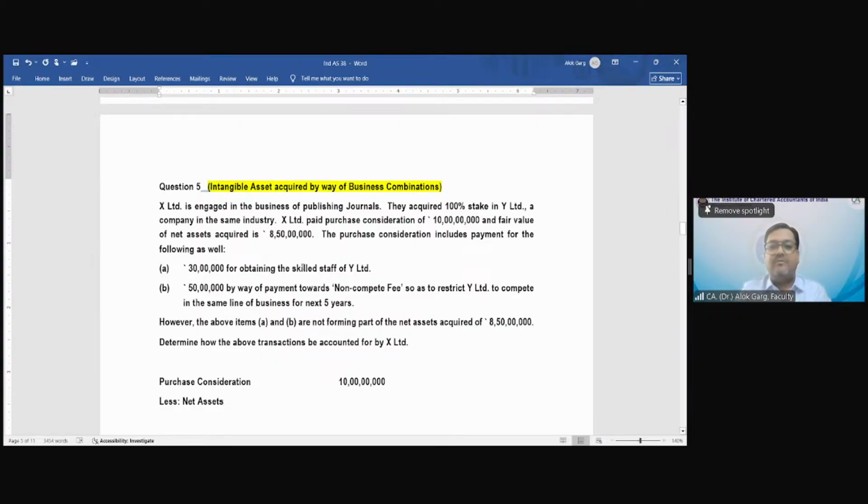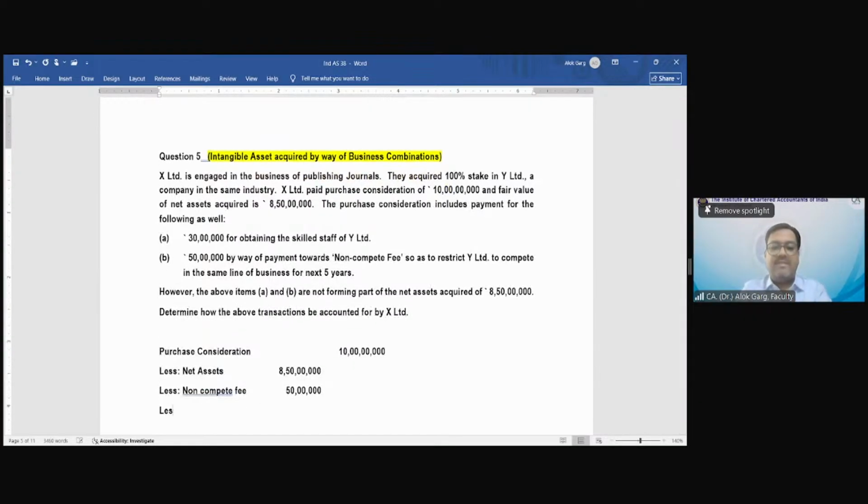What is the value? 8.5 crore. What is the value of my non-compete fee? Less, it is also required to be recognized at fair value. Non-compete fee. What is the value? 50 lakhs.